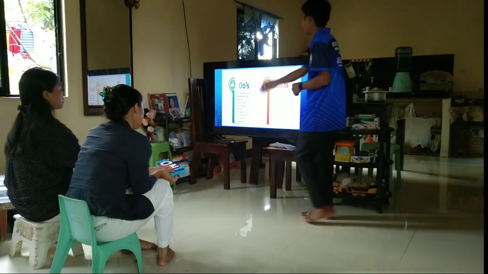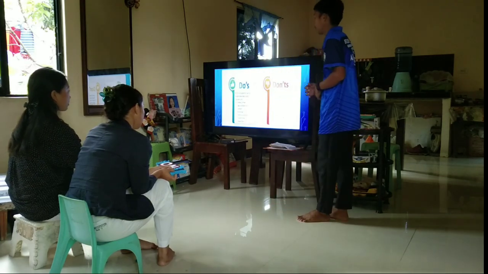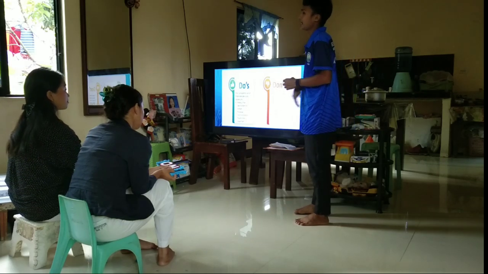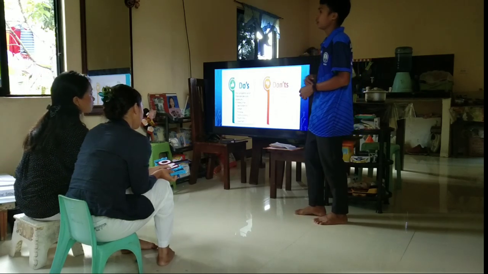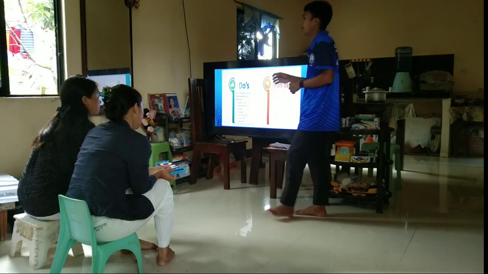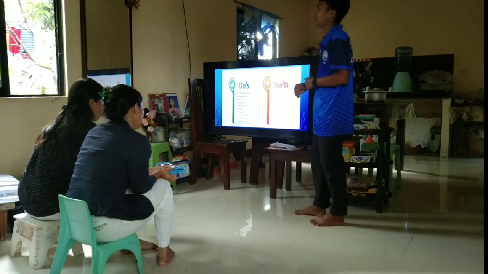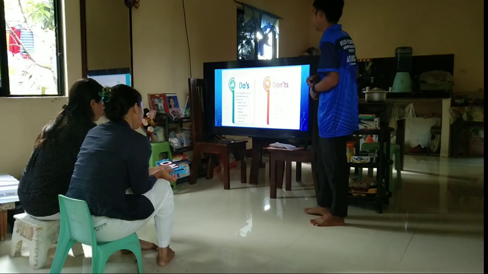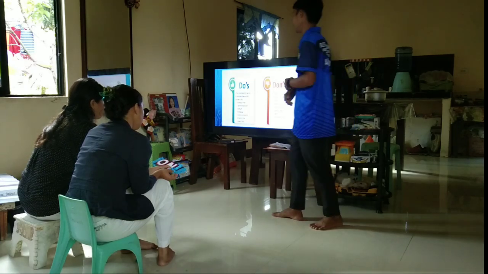Okay, so the last rule is follow instructions from the teacher, like the last slides from our activity, because you might handle the computer improperly. So that's why we need to always follow instructions from our teachers.